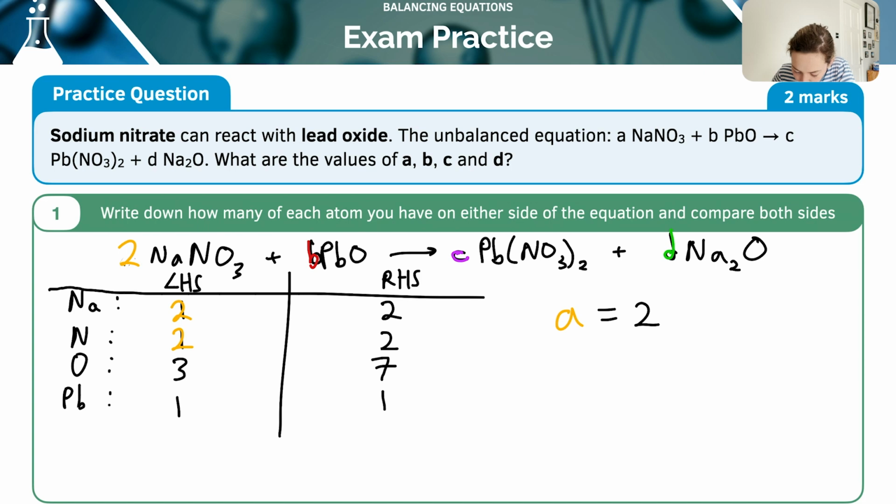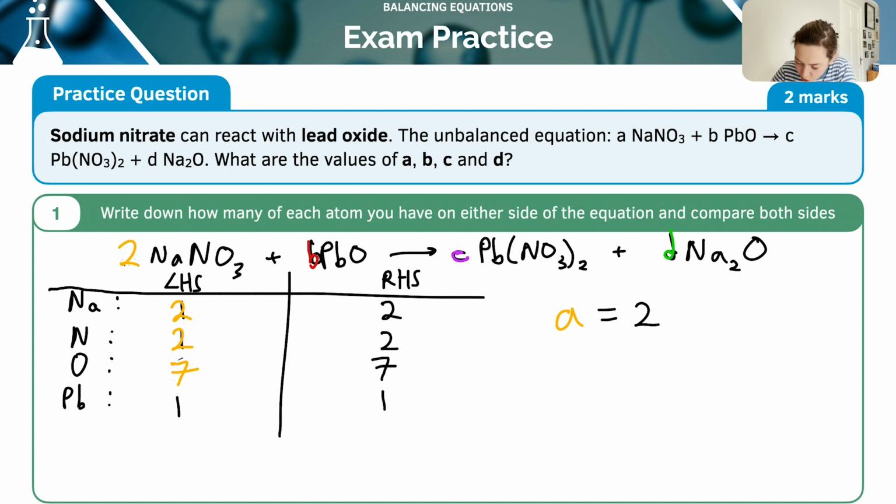I've now made that up to 7. So that happens to have also balanced the oxygens. So look, I've balanced everything. Hang on a minute. I've balanced the whole lot super, super quickly. With just 1 movement, the whole lot is balanced.